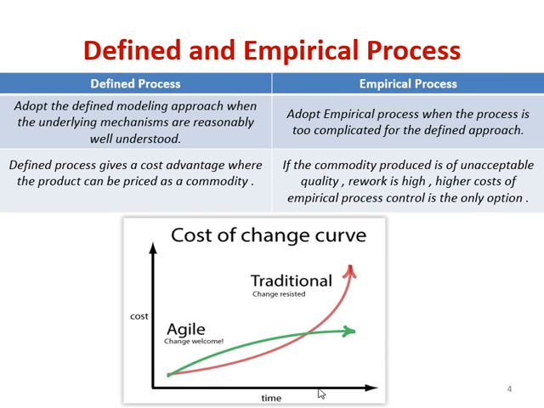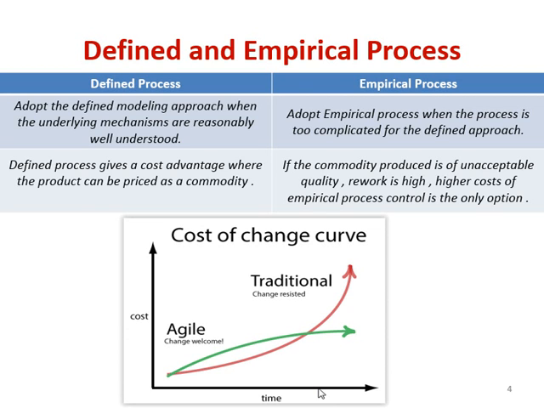If you see the graph at the bottom, on the x-axis we have time and on the y-axis we have cost. The cost of change curve shows a green curve for Agile and a red one for the traditional approach. In the traditional one, changes are resisted, and you have a final product ready at the end of the time and cost, once you have completed within the cost and time constraints. But in Agile, we don't have time and cost as blocking parameters, because we don't have a fixed scope in mind.